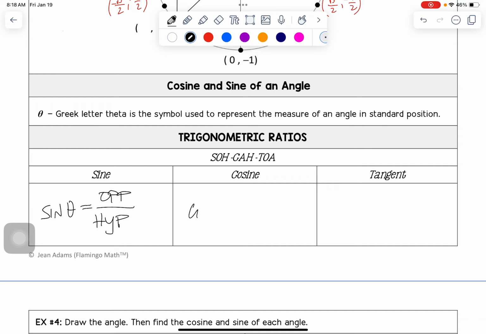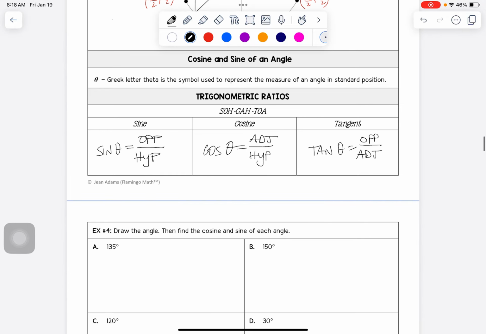Cosine is defined as adjacent over hypotenuse. And tangent is defined as opposite over adjacent. We're going to continue to build off those three trig ratios throughout this year.